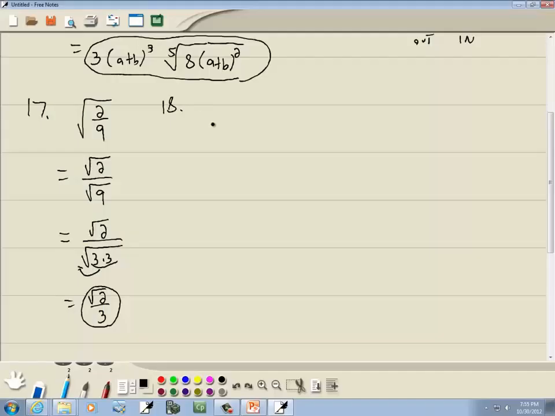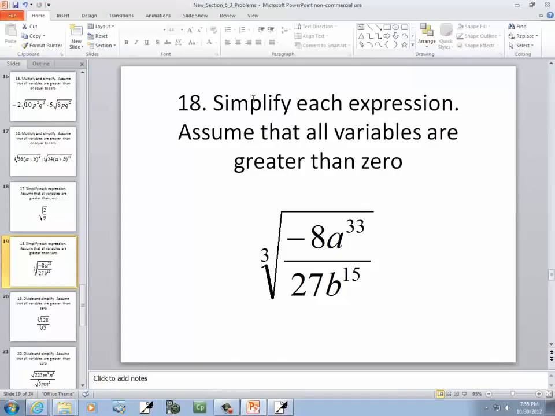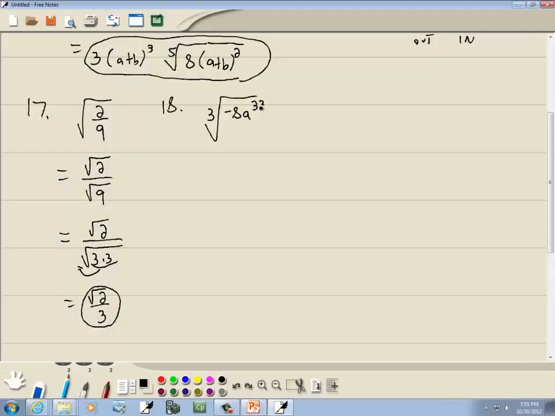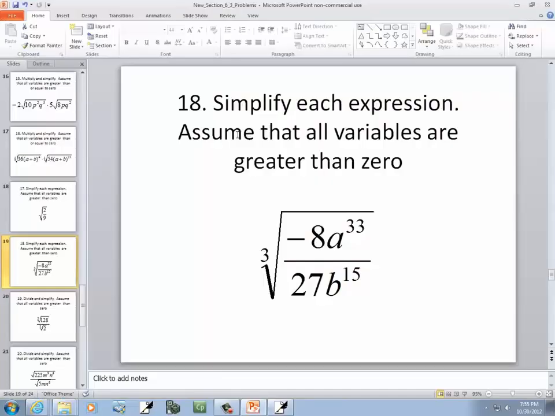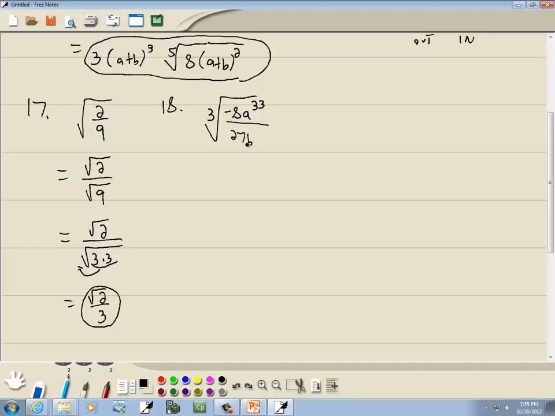Number 18. We've got the cube root of negative 8a to the 33rd over 27b to the 15th. Well, we said we can't have a fraction inside of a radical, so that's the main problem here.